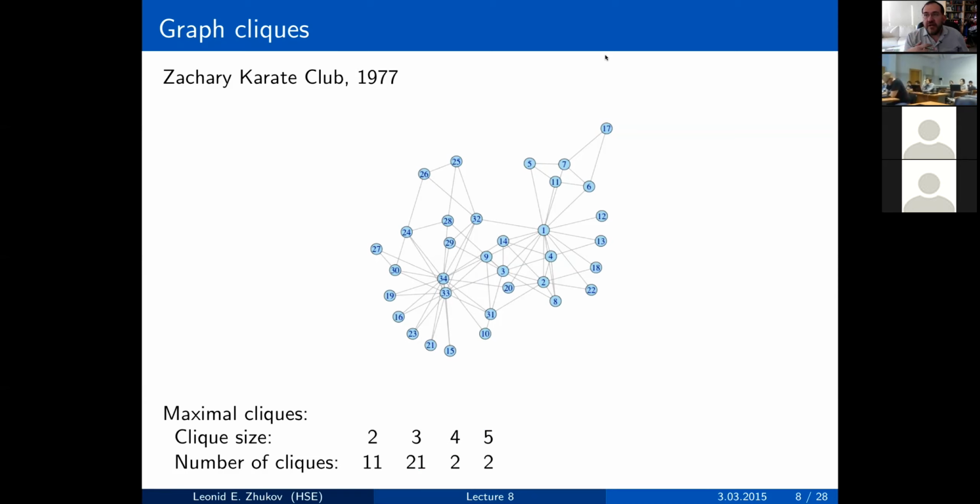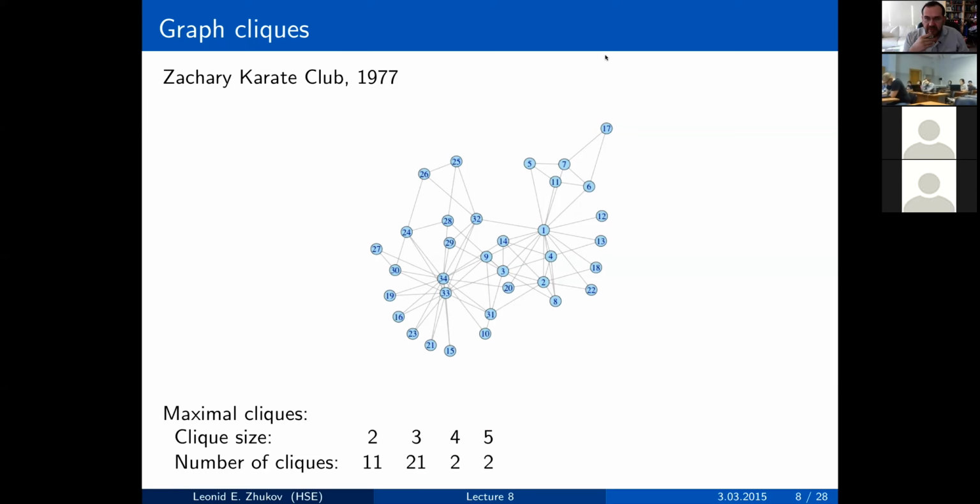The interesting part is that during the observation time, there was some sort of internal conflict in the club, and the club split in two, with some students staying with the original instructor and some students going to another instructor.